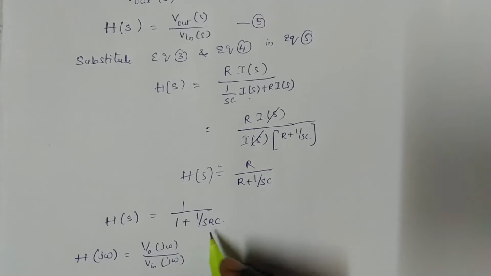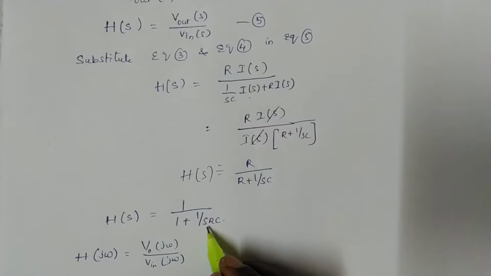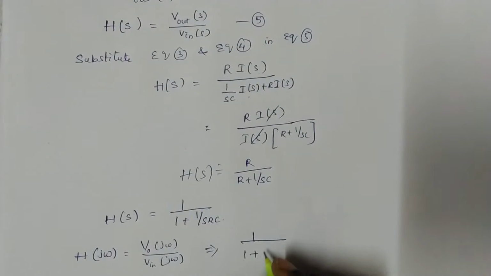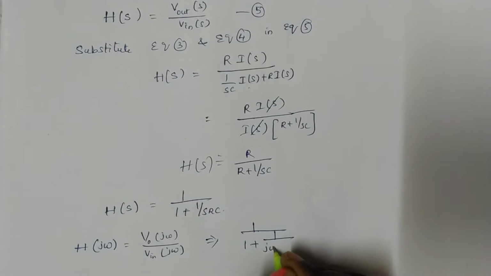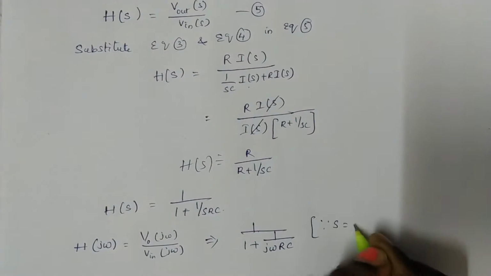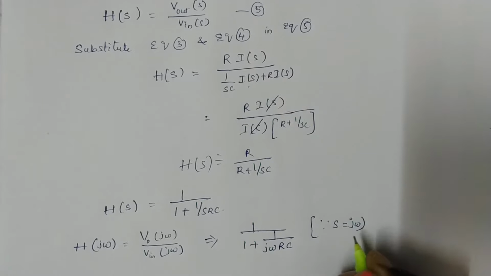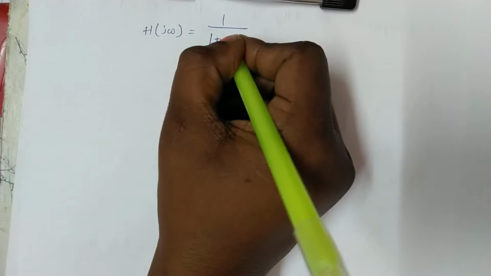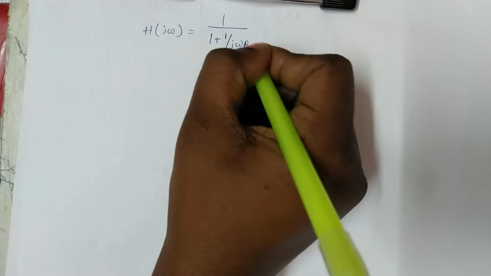Wherever S is there, represent it with j omega. This can be represented as 1 by 1 plus 1 by j omega RC, since we are substituting S equal to j omega.